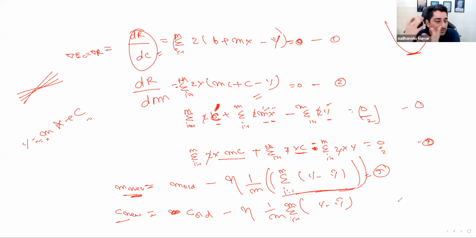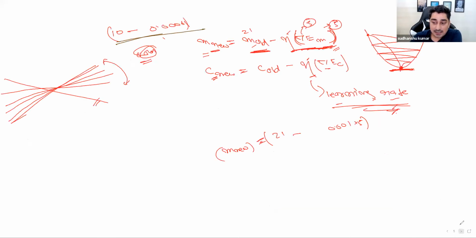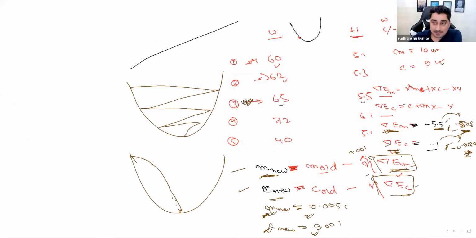Yeah. So this is something called training. When we say that we are trying to train something, internally this happens every time. It will try to find out this new value, again a new value of residual, a new value of residual.